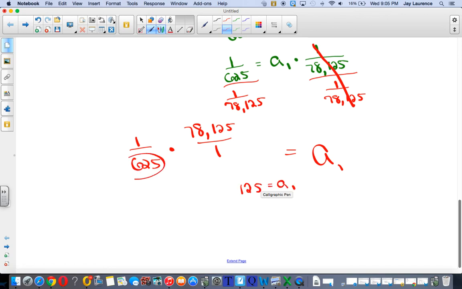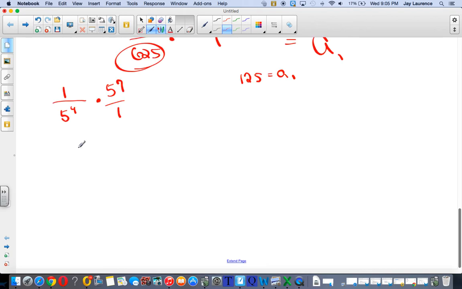Okay, I recognize this as being 1 over 5 to the 4th. This, of course, is 5 to the 7th. If I wrote that out, I would get 5 times 5 times 5 times 5 times 5, there's 6 and there's 7.